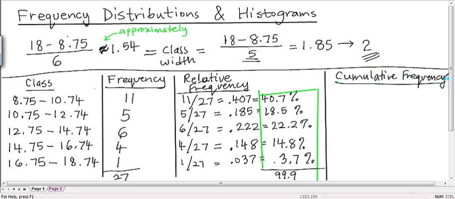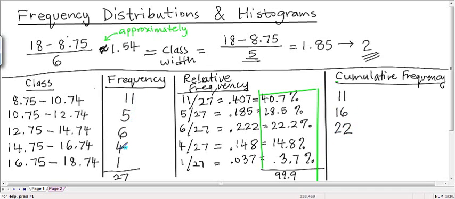With a cumulative frequency distribution, you want to add each class as you go along. So I started off with 11. In the second class, I have total how many pieces of data so far. Well, 11 plus 5 gives me 16. In the third class, how many do I have so far? Well, 11, 5, and 6 gives me 22.